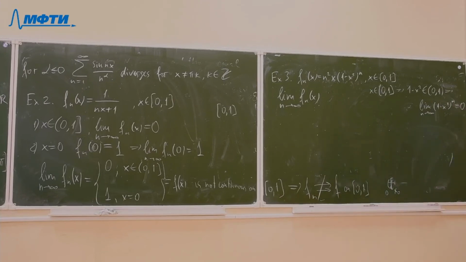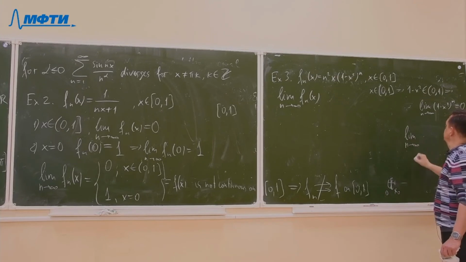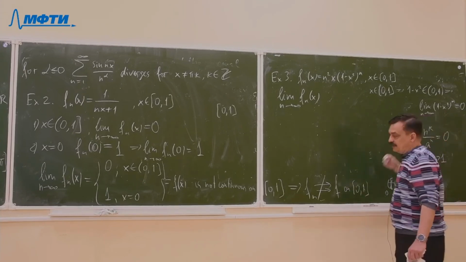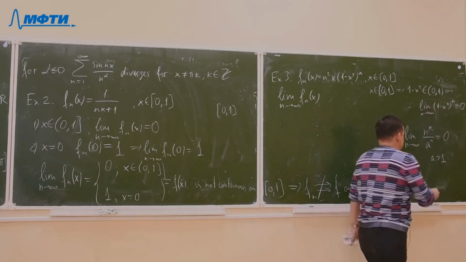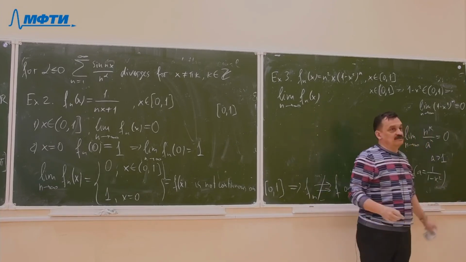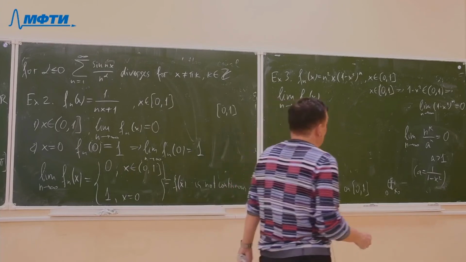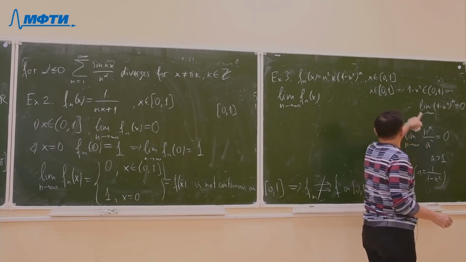Moreover, we considered such a limit if a is greater than 1 and k is arbitrary. So a is 1 over (1 minus x squared), so a is greater than 1, and k equals 2, right?